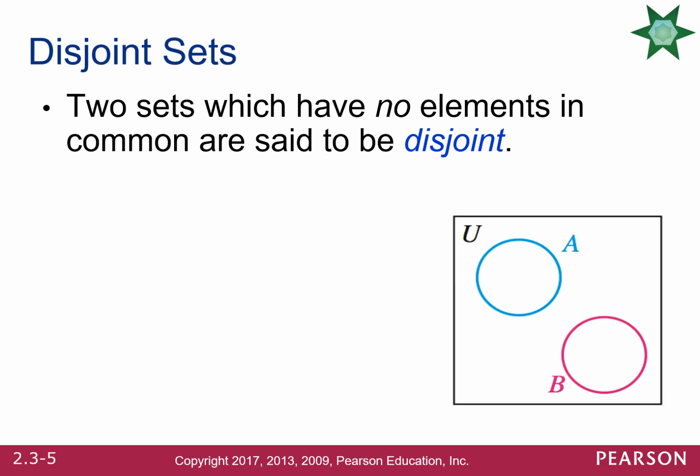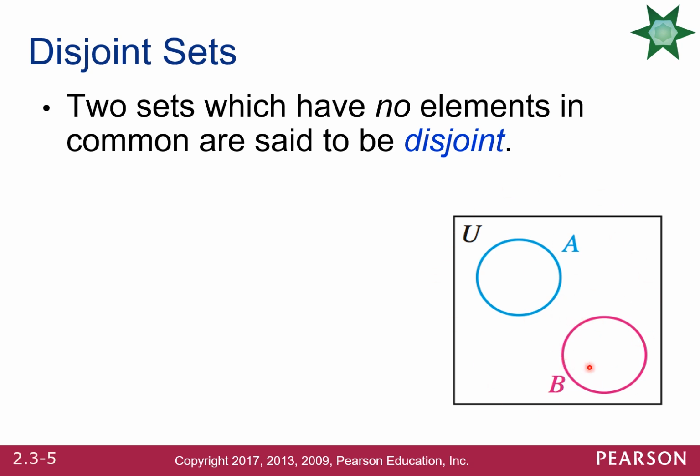So here we have a picture of two circles within a rectangle box. Recall that the rectangle box represents all elements in the universal set, and the circles are subsets created from the set of universal values, right?